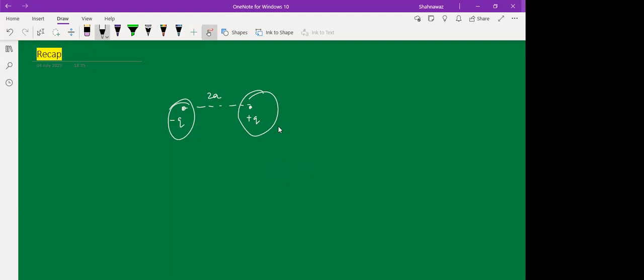Okay, so now let us draw the diagram for the electric potential. So we have a dipole, okay? We have a dipole, and we are calculating the electric potential at this point, right? And this angle is how much?